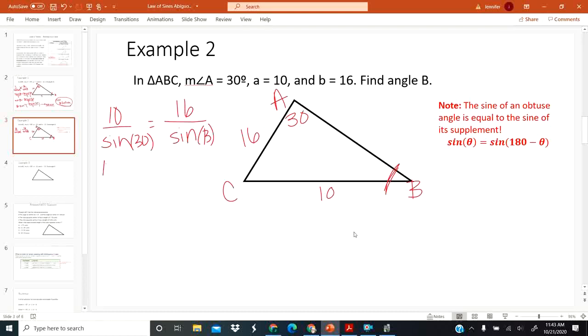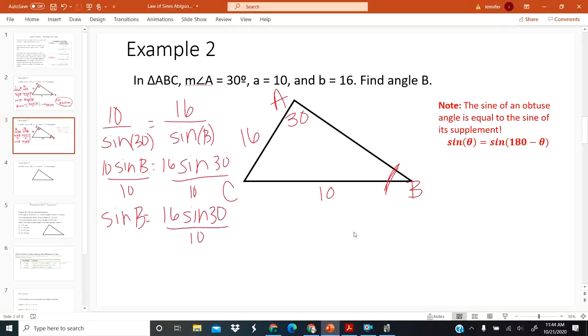So I have 10 times the sine of angle B is equal to 16 times the sine of 30. And this time I just need to divide by 10. So I would have the sine of angle B is going to equal 16 sine 30 divided by 10.